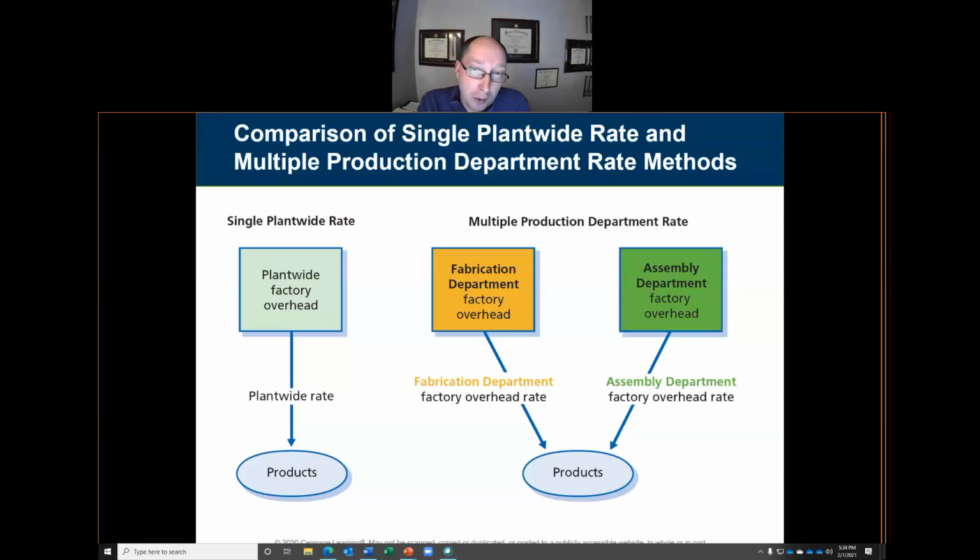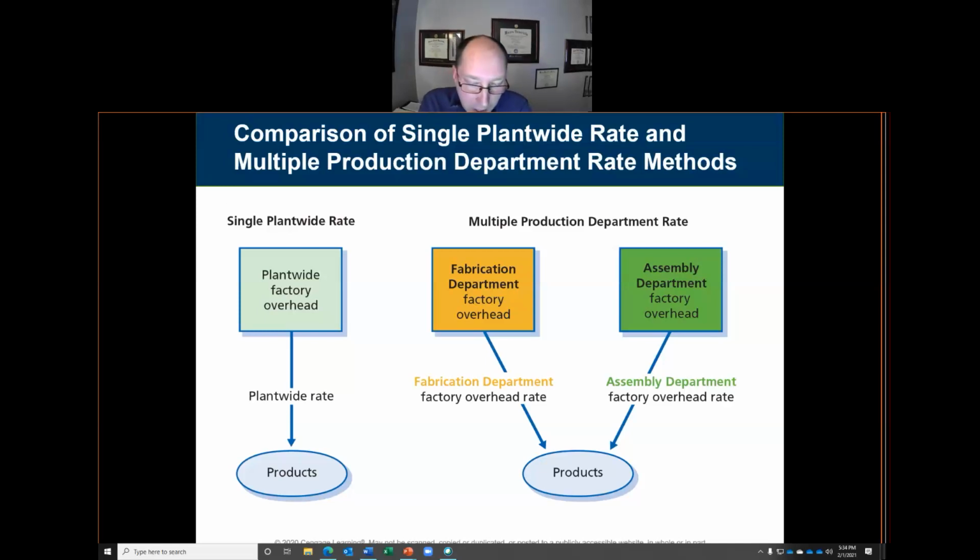Now with the multiple production department method, we have two departments in our example. We have a fabrication department and an assembly department. Okay? We make two different products and we have two different departments. So instead of thinking department by product, think department by process.